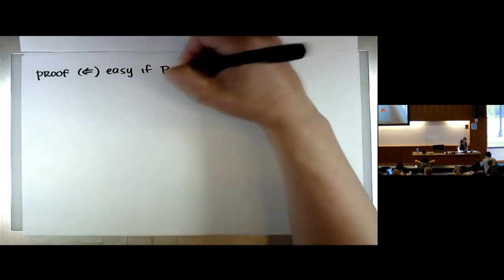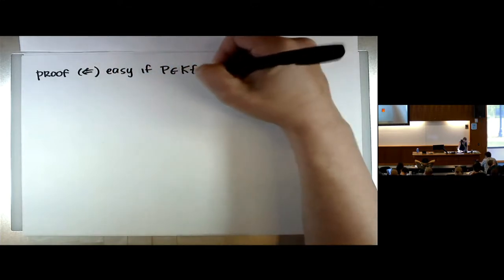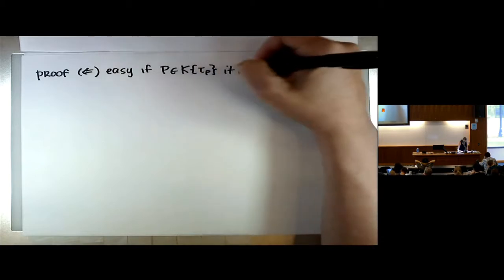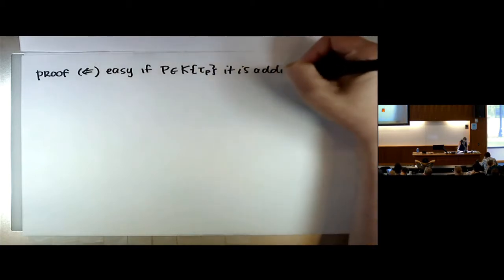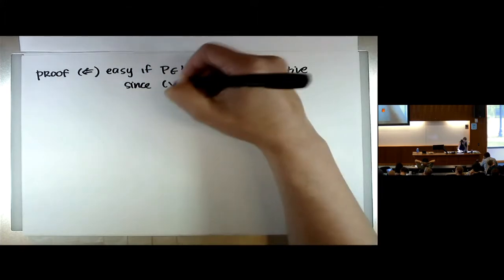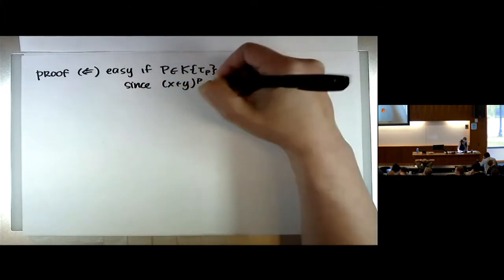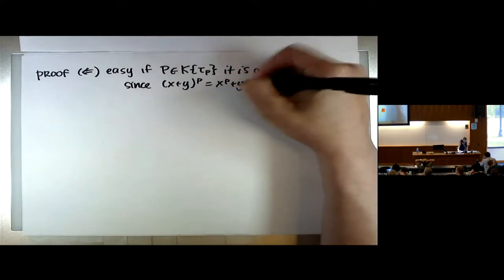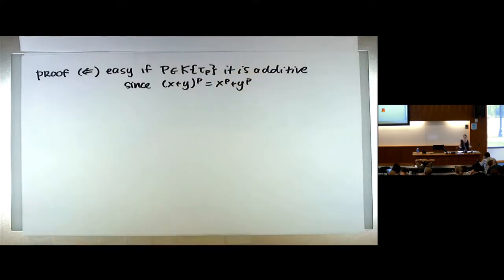If P is in this twisted polynomial ring, it is additive, since (x+y)^p is x^p plus y^p. And this polynomial ring only has linear terms and x to the p squared and x to the p cubed. So that's not the problem, right?